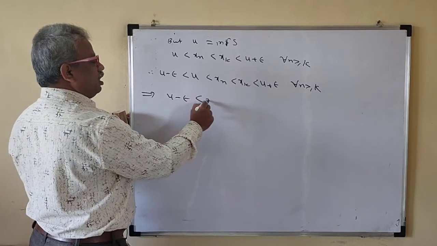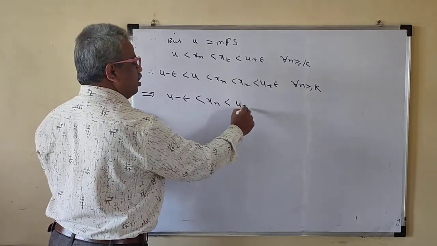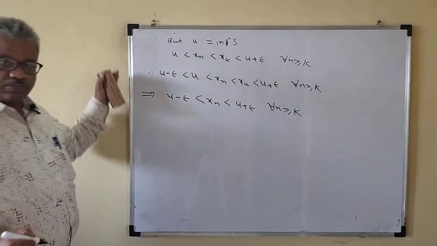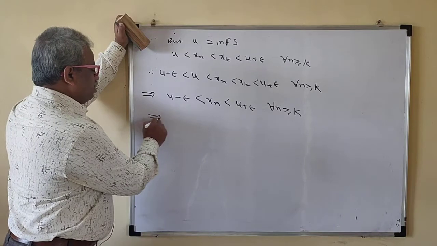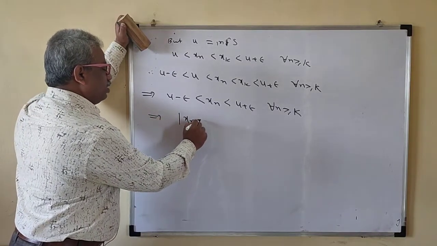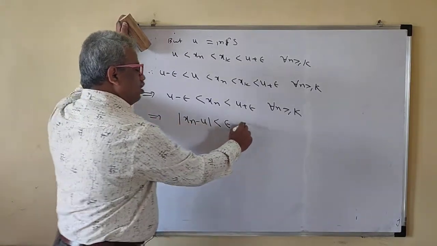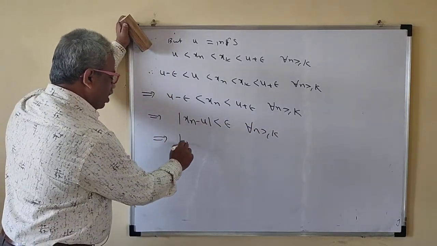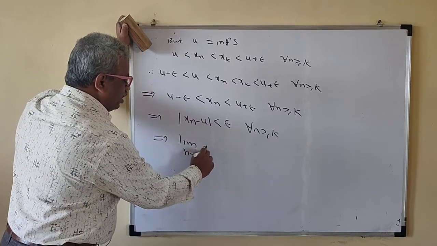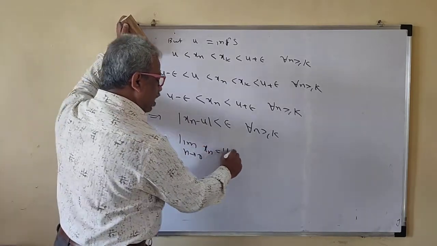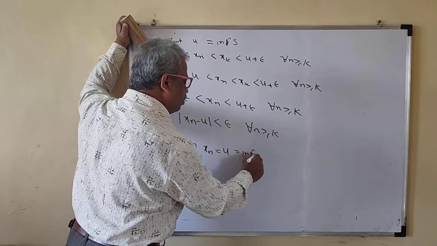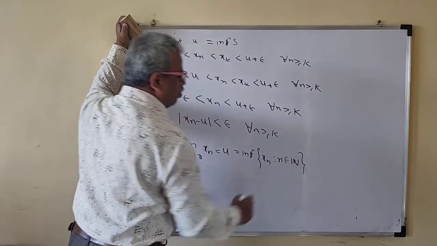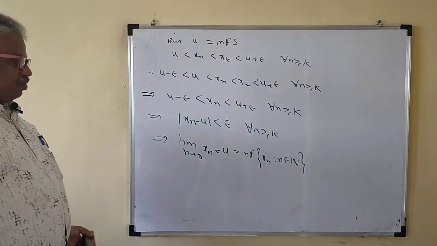U minus epsilon is less than xn is less than U plus epsilon for all n greater than k, right? So therefore mod of xn minus U is less than epsilon for all n greater than or equal to k, and this is the definition. By definition, the limit as n tends to infinity of xn is equal to U, and this is nothing but the infimum of xn, n belongs to N. Okay, so the theorem is over now.